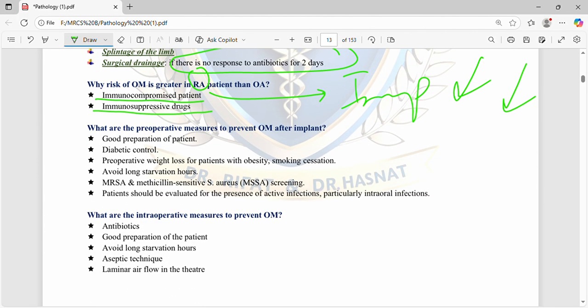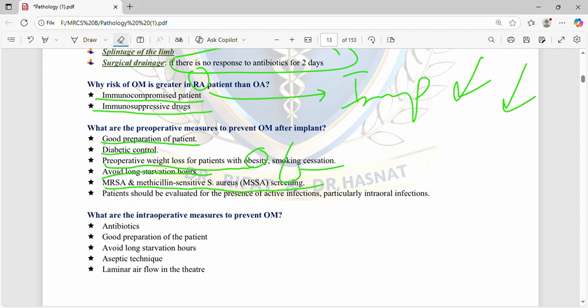What are the preoperative measures to prevent osteomyelitis after implant? Good preparation of the patient: diabetic control, preoperative weight loss for patients with obesity, smoking cessation, avoid long starvation hours, and MRSA or methicillin sensitive Staph aureus screening.